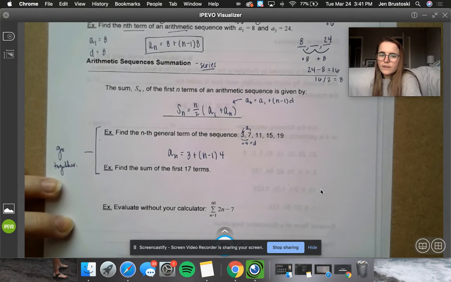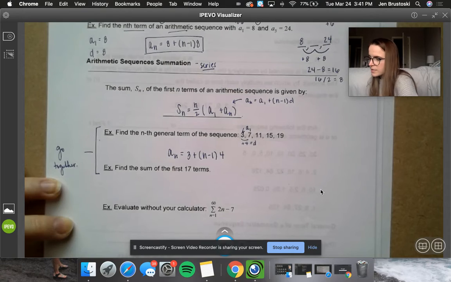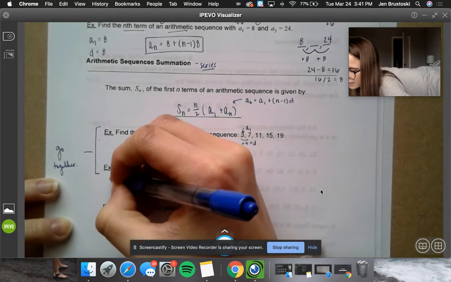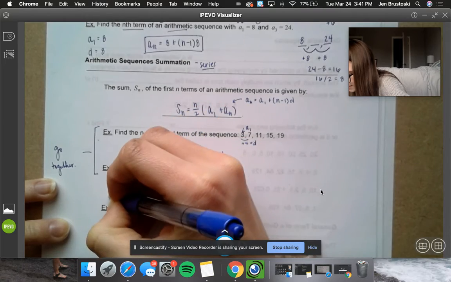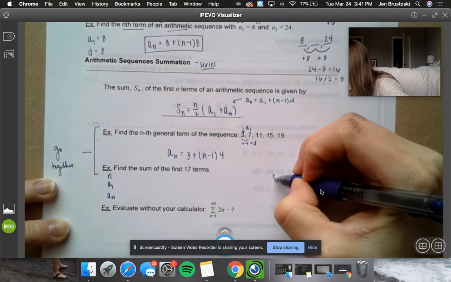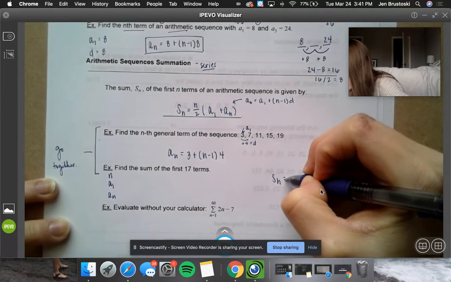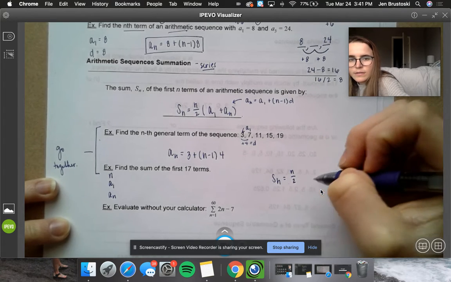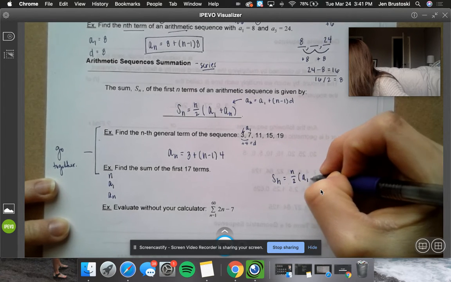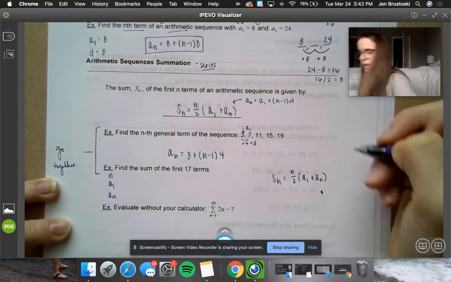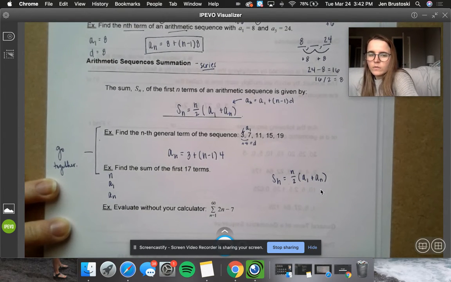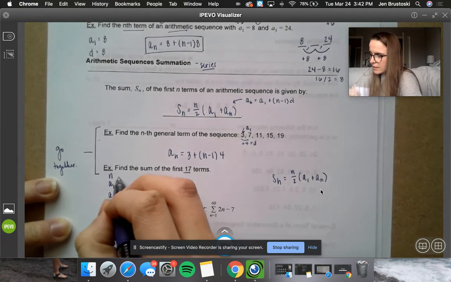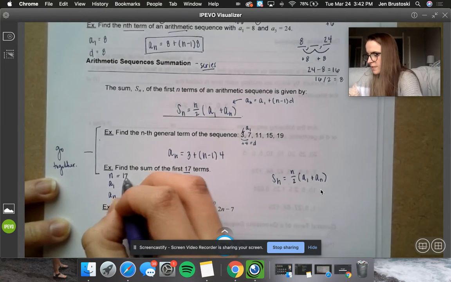All right, so then to find the sum of the first 17 terms, I need n, I need a sub 1, and I need a sub n, given this equation. It's already given above. You can probably still see it. You definitely can. That's okay. Can't hurt to write it again. Okay, so we need n, a sub 1, and a sub n. N's easy. It's 17. We're looking for the first 17 terms.